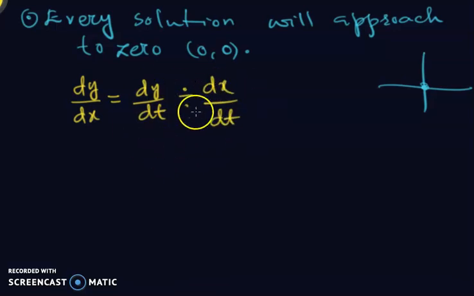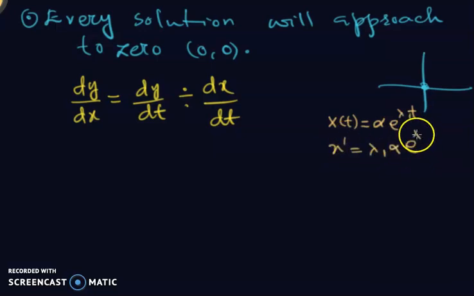For this we need y of t and x of t. From the general solution, x of t is alpha times e to the lambda 1 t, so x prime is lambda 1 times alpha e to the lambda 1 t. And you can also see from the general solution that y of t is beta times e to the lambda 2 t.